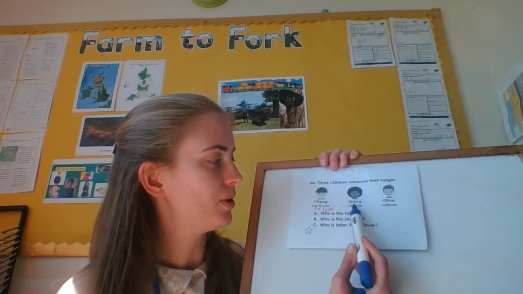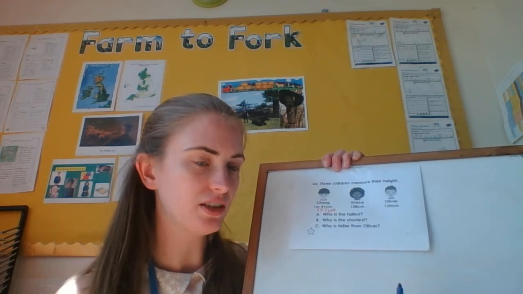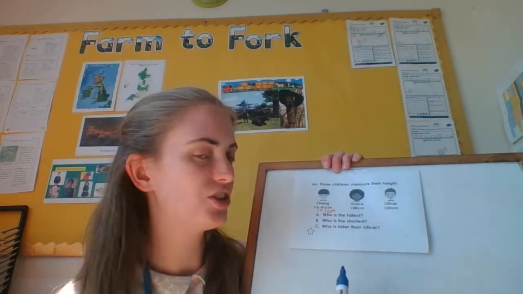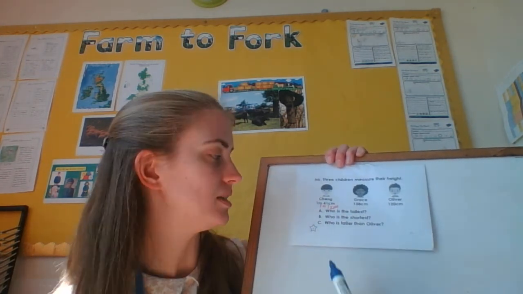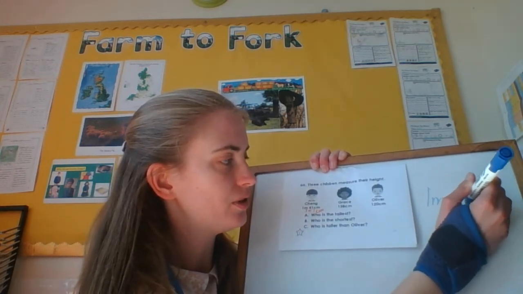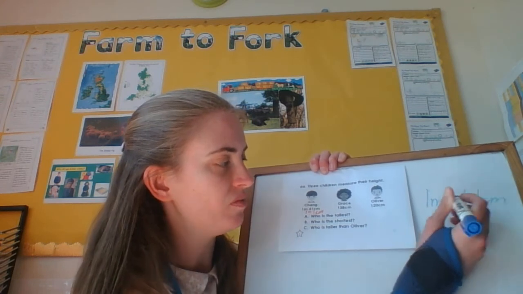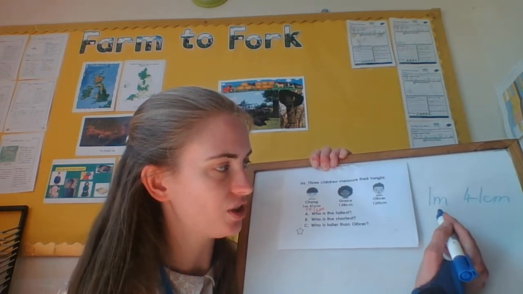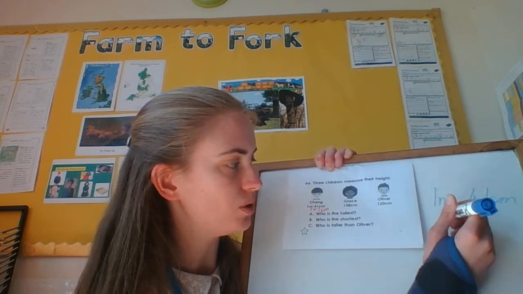Now, both Grace and Oliver measured in centimetres. So I'm going to convert Cheng's measurement into centimetres. Now, 1 metre 41 centimetres. Now I know 1 metre is 100 centimetres. That's 141 more.